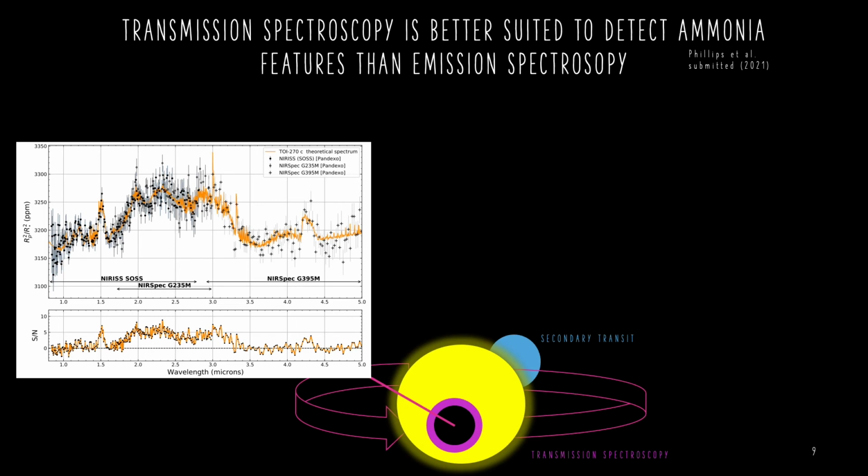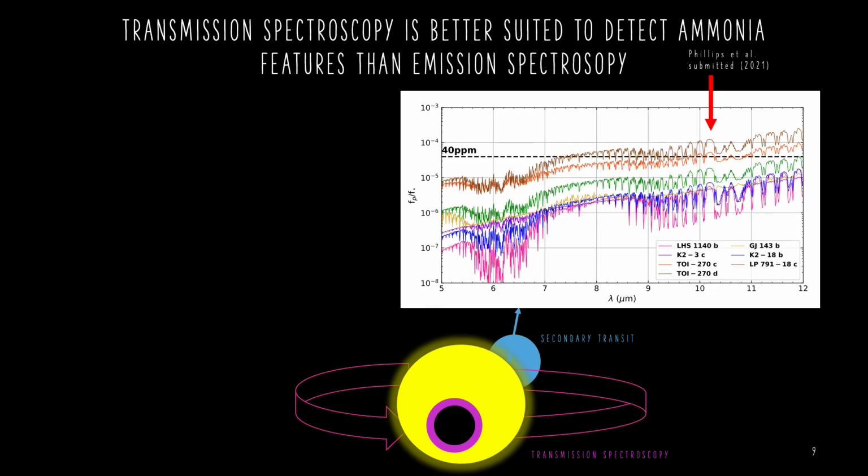Here, this is our simulated spectrum from petitRADTRANS in orange, and the black dots are the simulated observations from JWST from the respective instruments shown down here at the bottom, and the bottom panel is the corresponding signal to noise for the different features. If we take one ammonia feature, for example the 1.5 micron ammonia feature here, we see that with transmission spectroscopy we would get a signal to noise of 5 sigma, which is great, and would mean you would be able to detect this feature using that instrument.